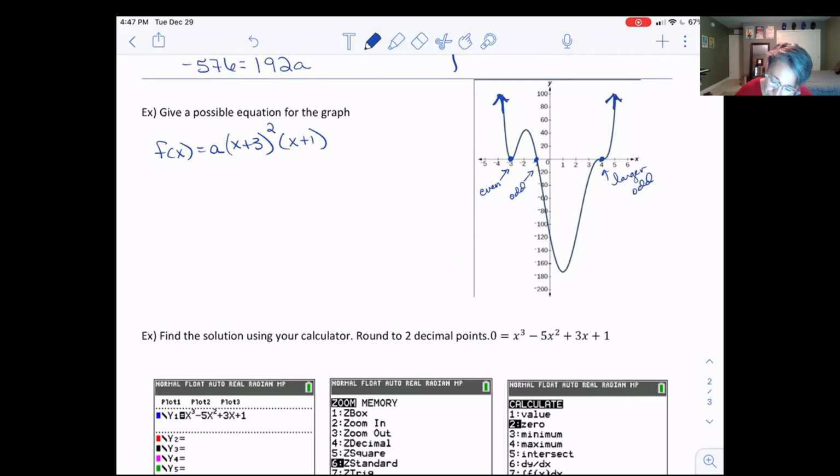Look at this end behavior. Not only is our a positive, but our degree is going to be even because it's going in the same direction. And since that 4 is flattened out, more than likely that one is a cube instead of to the first power, a little higher exponent. Remember, they're flatter. So now in order to solve this, we need to find another point that we can plug in and solve for our a.